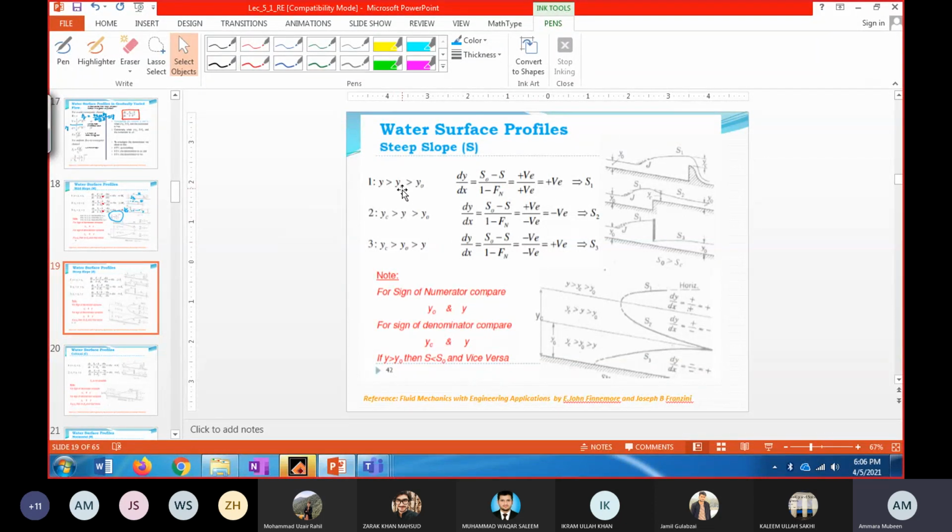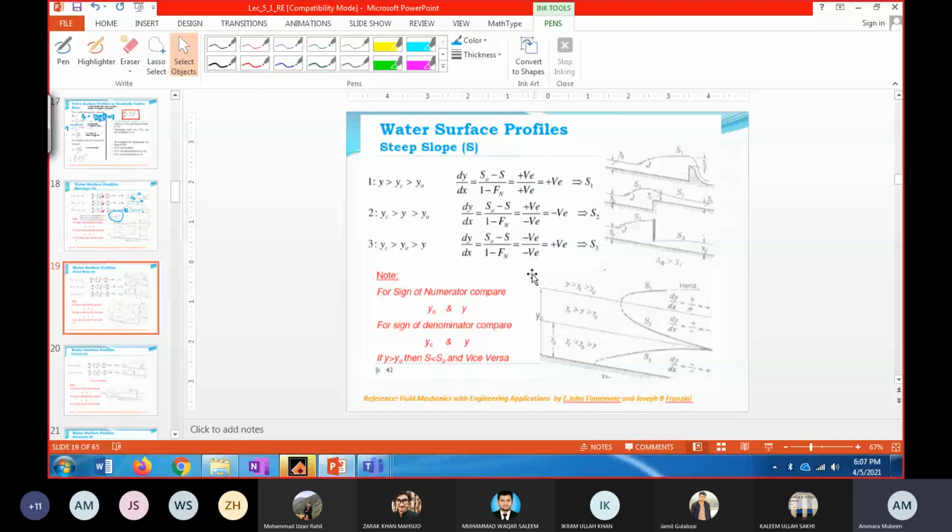So similarly, you can determine dy by dx for the other criteria, for zone 1, zone 2 and zone 3. When the depth of flow is in zone 2, you can call that slope of water surface S2. When the depth of flow is in zone 3, you can call that slope S3.